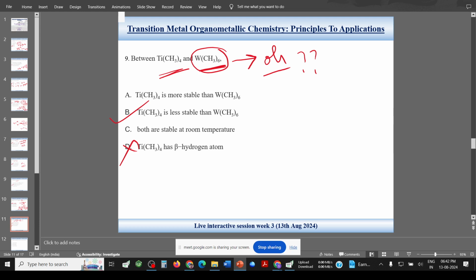If we use VSEPR theory, it will lead us to wrong information about the geometry of these tungsten complexes.